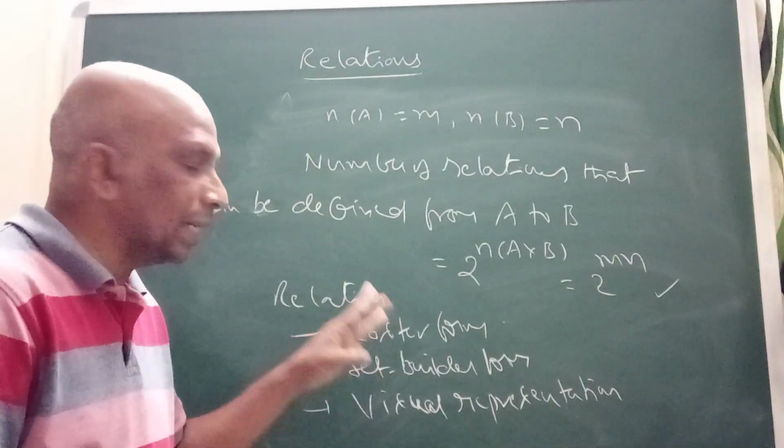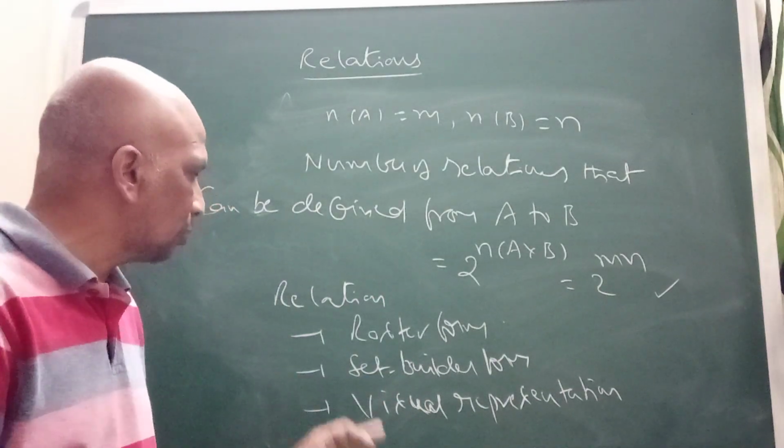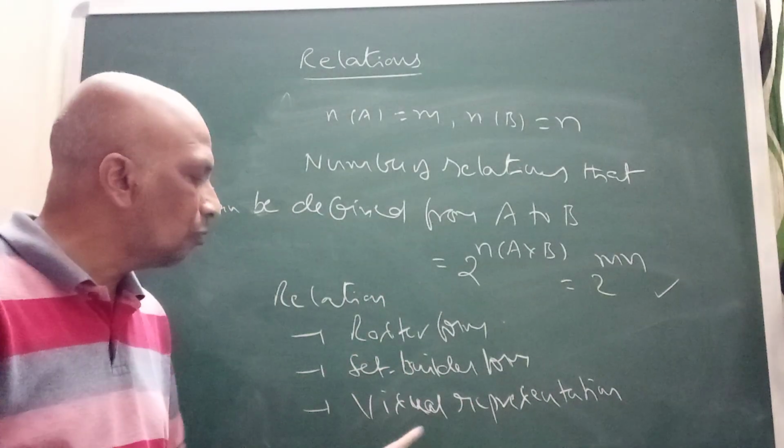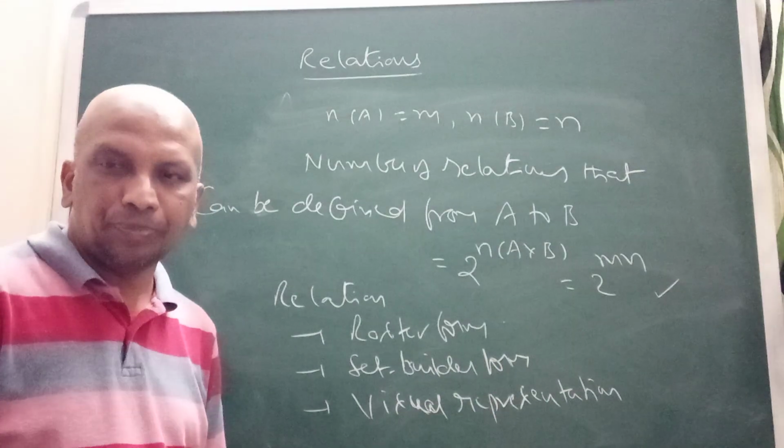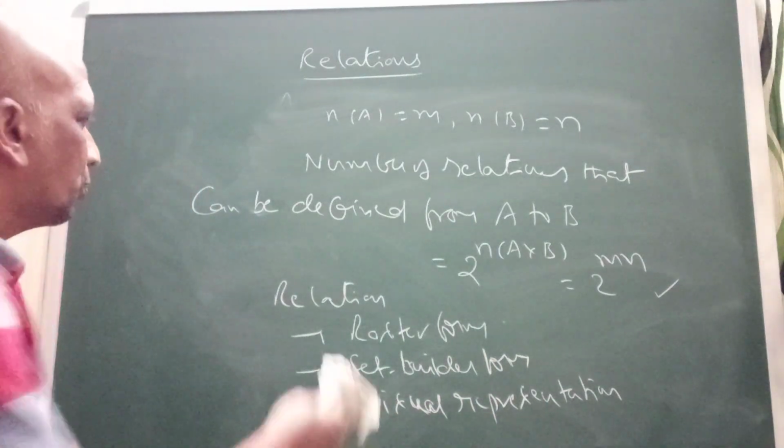So in three ways I can express a relation: roster form, set builder form, and visual representation. Now you can see here.